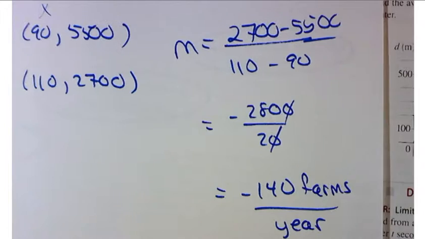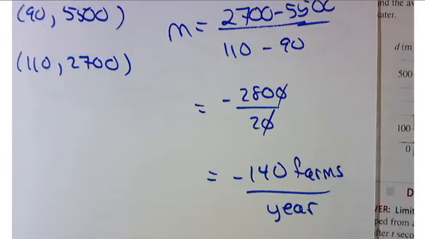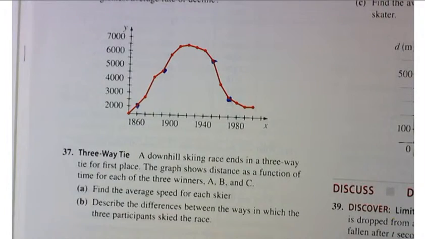But the last question associated with this one is, in which decade did the number of farms experience the greatest rise and the greatest average rate of decline? So where did it drop off most precipitously? Yeah. That rate of decline looks steepest between 1950 and 1960.